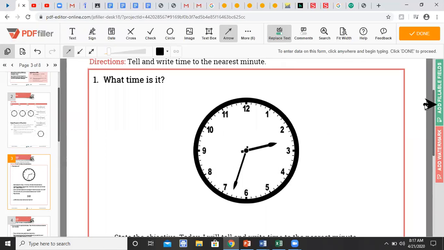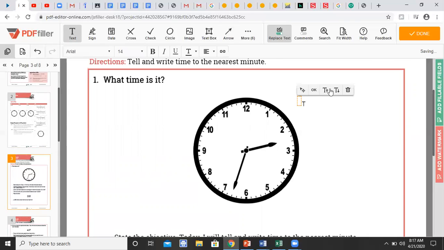Okay, so the first thing that we're going to do is take a look at our hour hand. And our hour hand is between the 2 and the 3. So that tells us that it is going to be 2 something, okay? So now let's take a look at our minute hand and begin counting by fives.